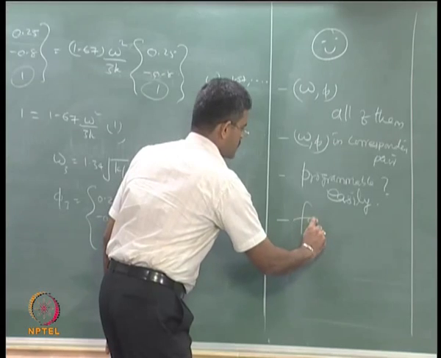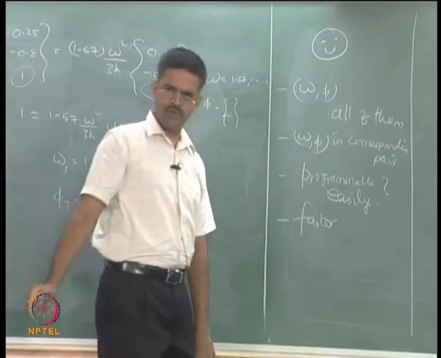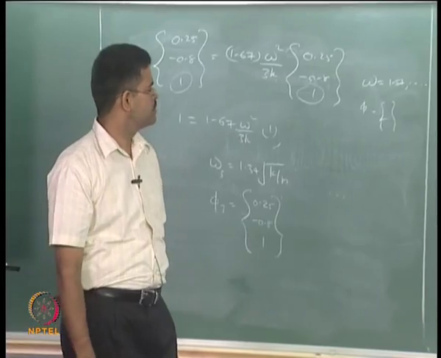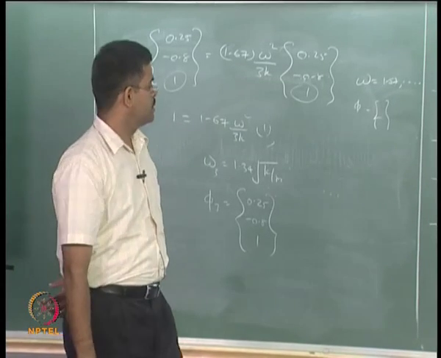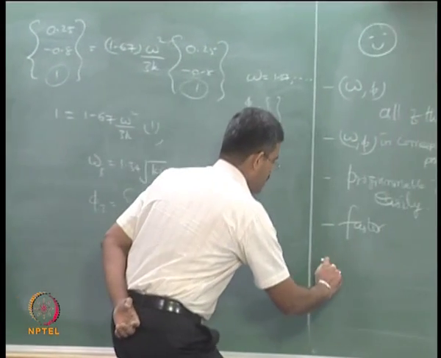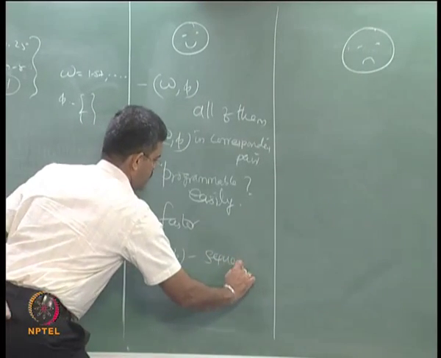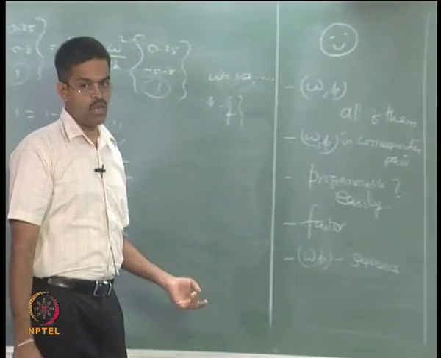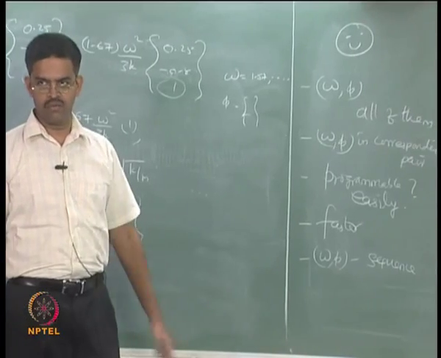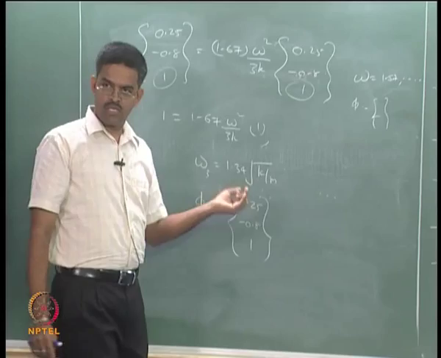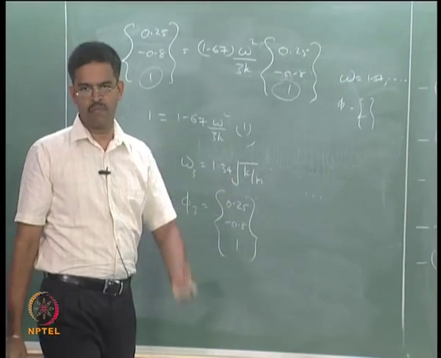Relatively, this method is faster, there is no doubt. Most importantly, this method will give me omega and phi in a good sequence. First I got omega 1, I got omega 2 and omega 3, is it not? 0.45, 1 and 1.34. Look at the values, it gives me a good sequence.